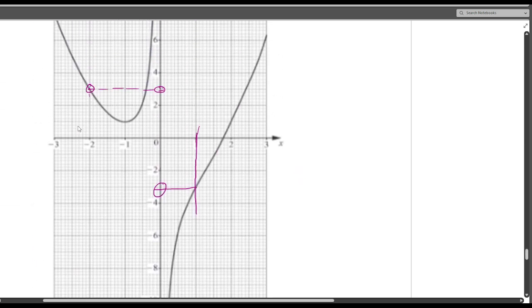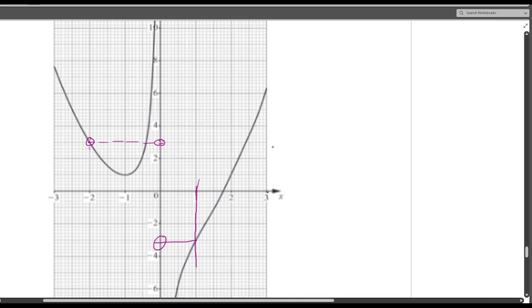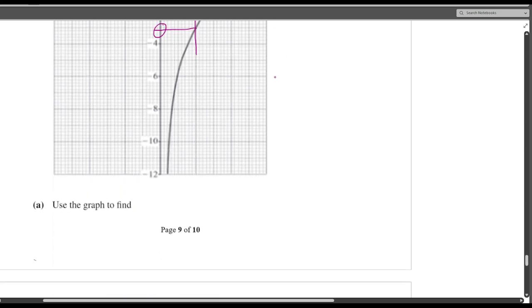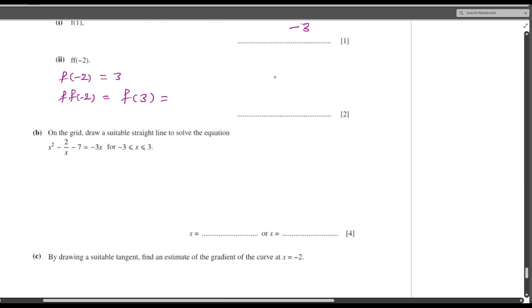When x is equal to 3, your y value is 6. You can see that this is a point on the graph, so its y value is 6. So f of 3 is 6. Not a difficult question at all.